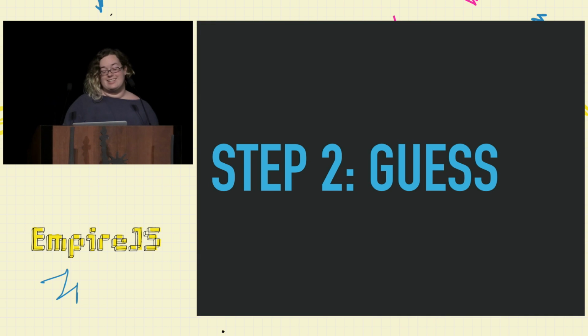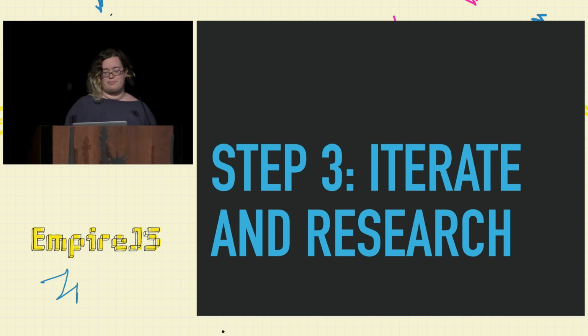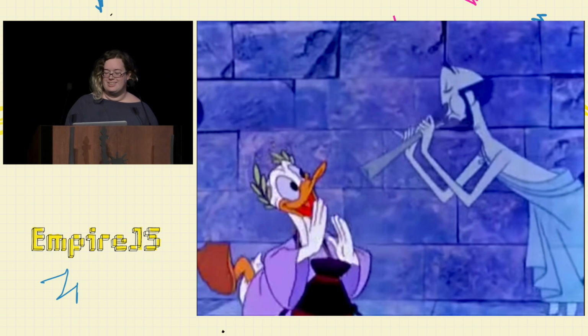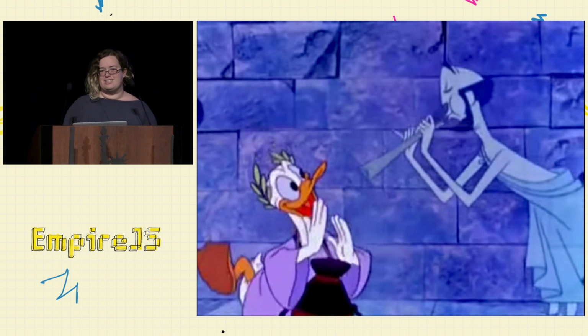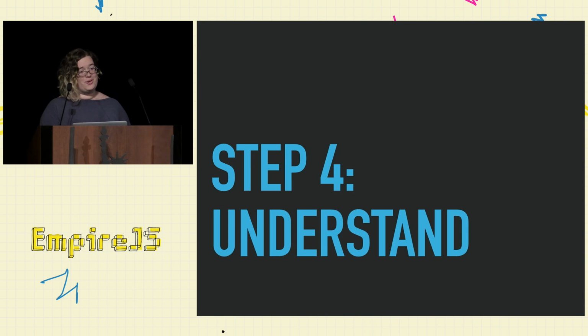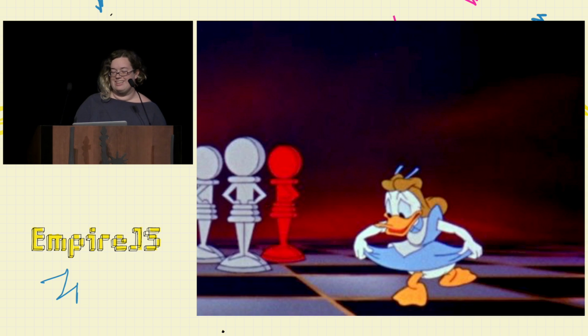Step two is guess. In science, we might call this a hypothesis. So in this talk, that was the very first model that we came up with. Step three, iterate and research. Try and break your model. If you're lucky enough to have documentation available, read that. And then go ahead and refine your model from there. Step four, hopefully now you understand. And then you too can have an awesome dance party like Donald Duck.